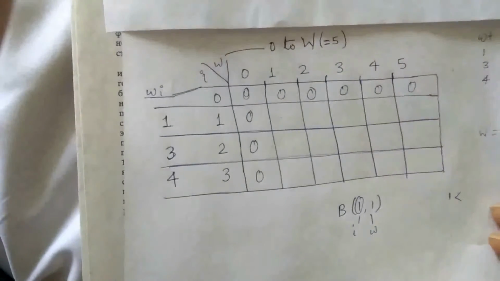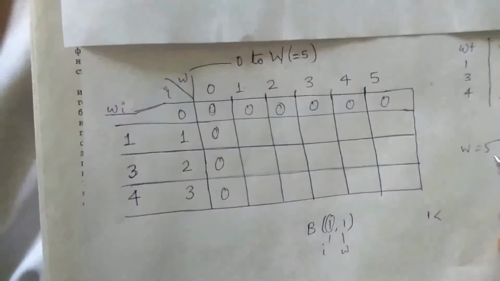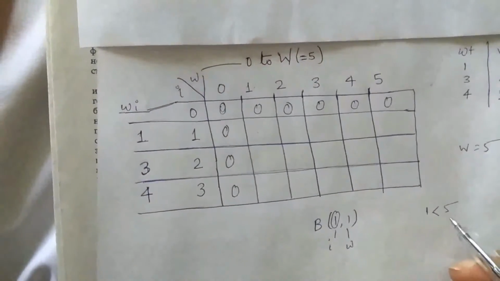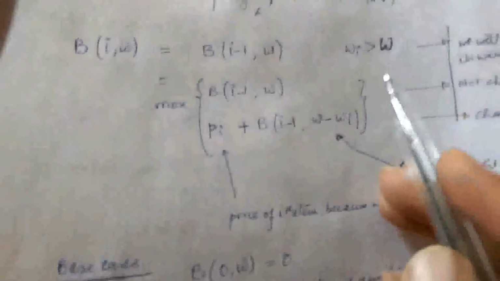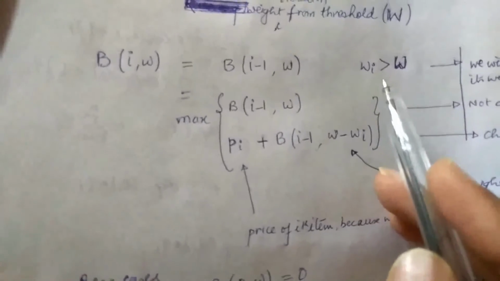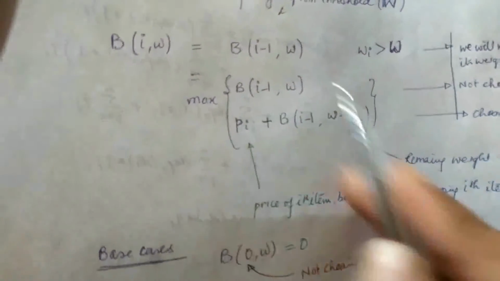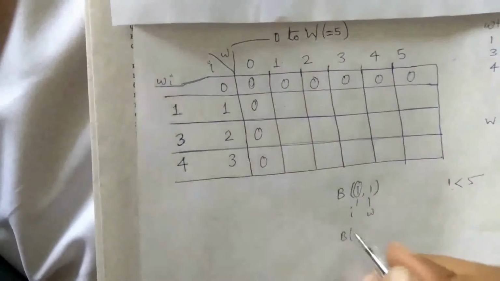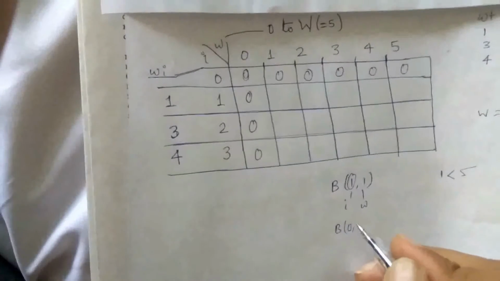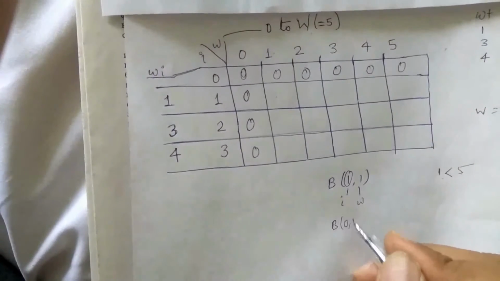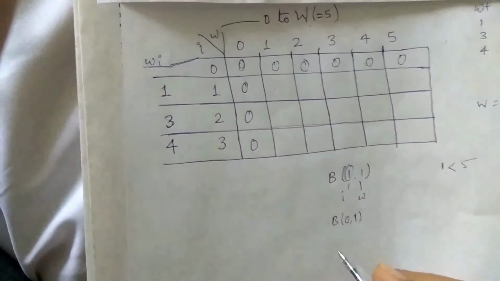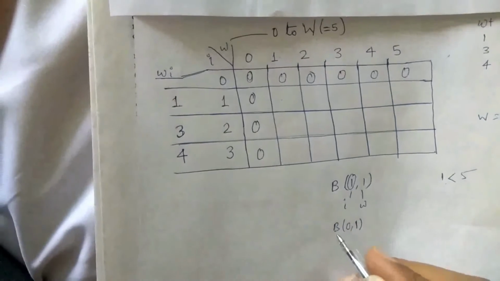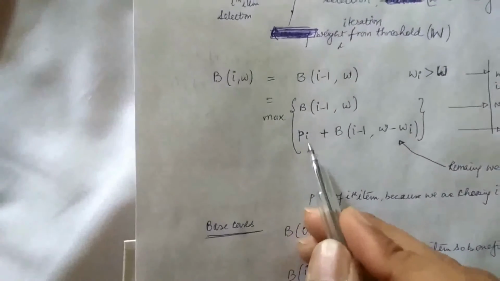The maximum weight is W equals 5, right, and 1 is lesser than 5. Basically we are checking this one, so it falls in the second case, right? So if the weight is lesser than 5, we will have B of 0 comma 1, or we will consider the pi, that is the benefit of this item.